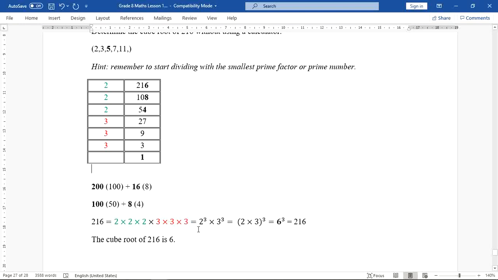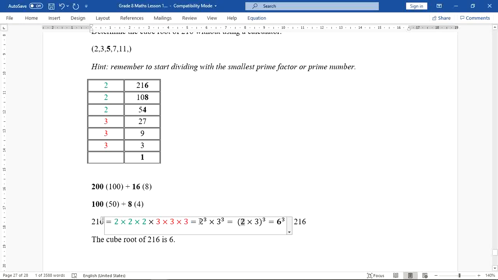So we can say 2 exponent 3. All right, this is now we are writing in index notation, and the previous one is expanded notation, times 3 exponent 3. So 216 is 2 exponent 3 times 3 exponent 3. And these can be written as 2 times 3 and everything to the exponent 3.